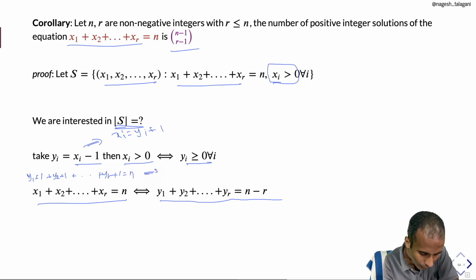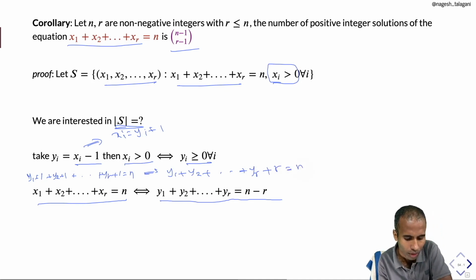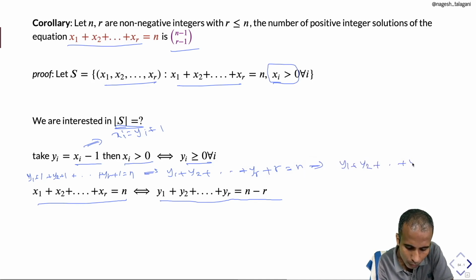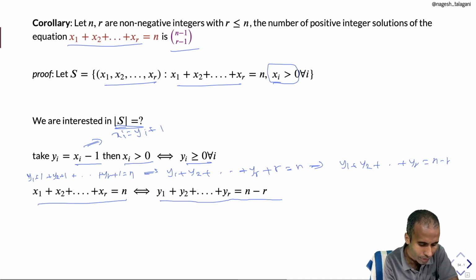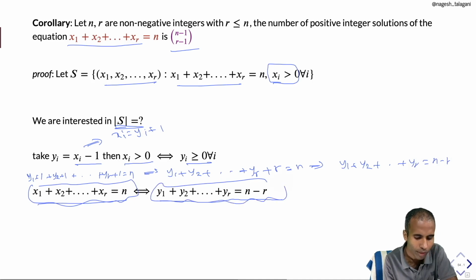That implies y1 plus y2 plus so on yr plus r equal to n, because 1 plus 1 plus 1, r times. If you take r that side, y1 plus y2 plus so on yr equal to n minus r. That's why whenever x1 plus x2 plus xr equal to n, you have y1 plus y2 plus yr equal to n minus r.